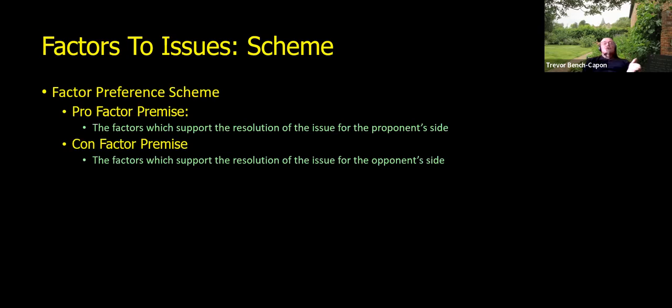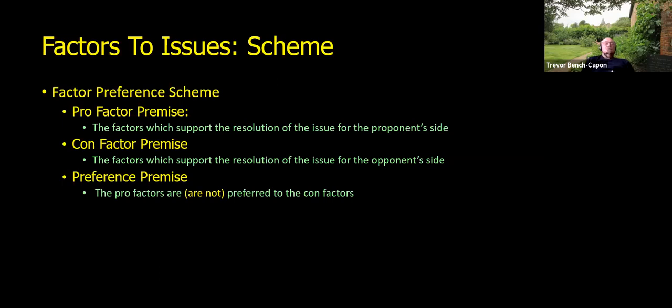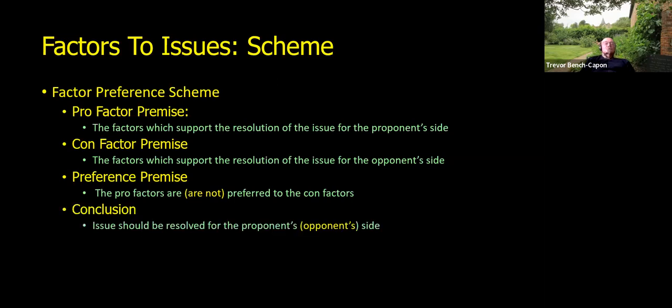Factors in common then to both the current case and the new case, or the present case. We then have a preference premise, which says that the pro-factors are preferred to the con-factors. And then the conclusion is that the issue should be resolved to the proponent or the opponent's side.